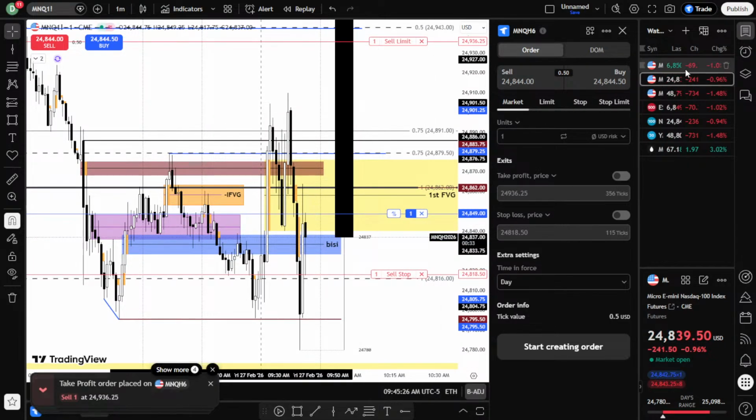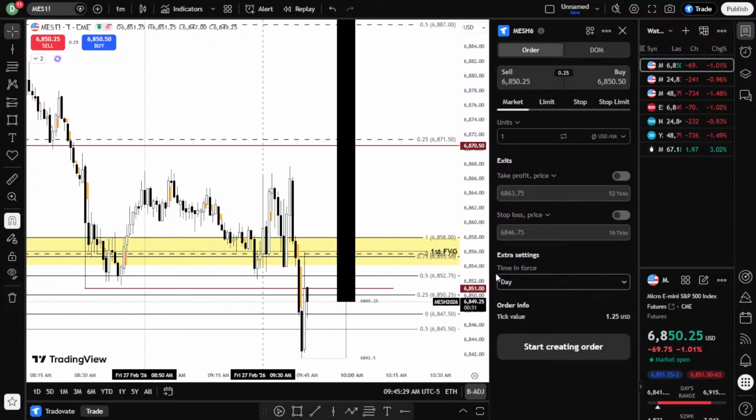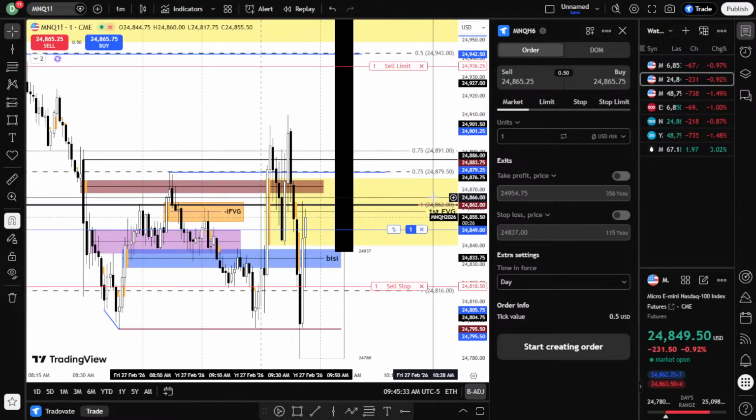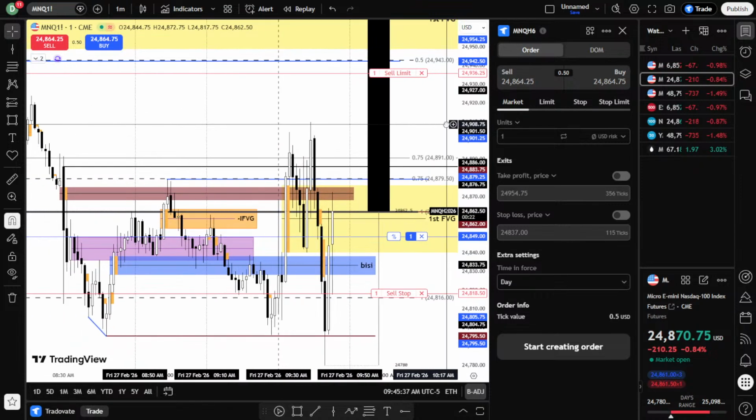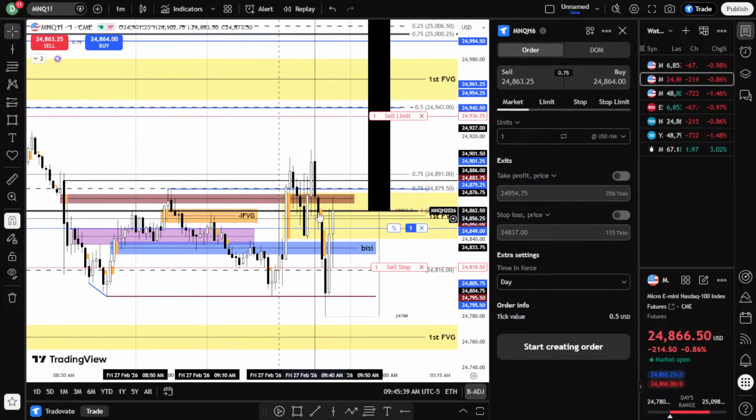Let's see if we can move higher a bit. Yes, it should move higher to start to trade above the first presentation for today.